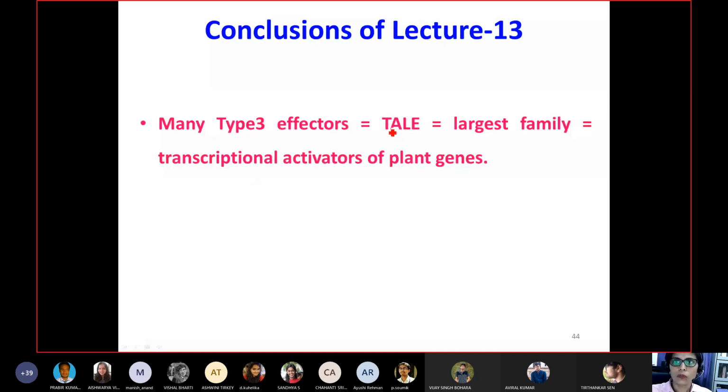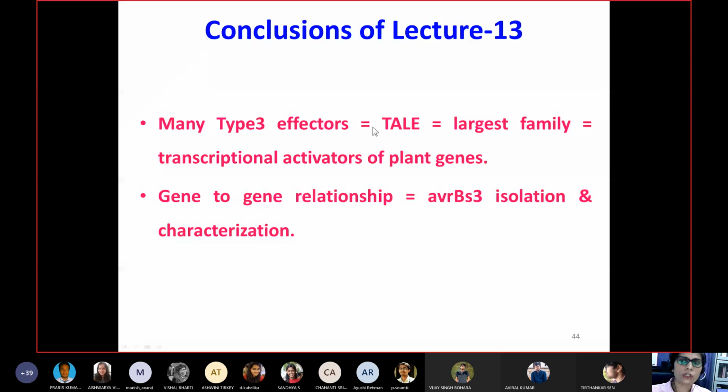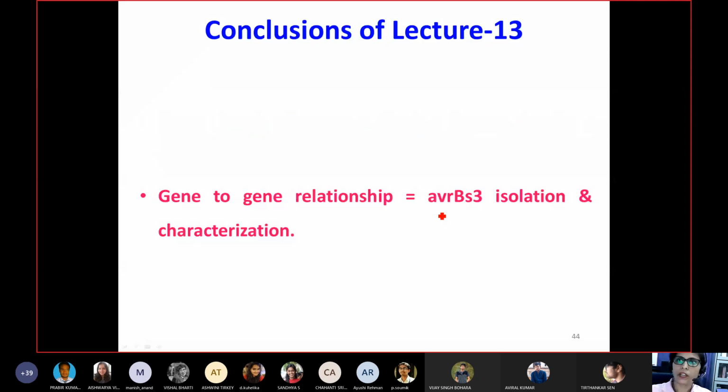So we have also seen the gene-for-gene relationship. That means if you have avirulence genes against BS3, then a BS3-type resistance protein should be there in the plant as a resistance gene. So people isolated and characterized this avirulence gene.